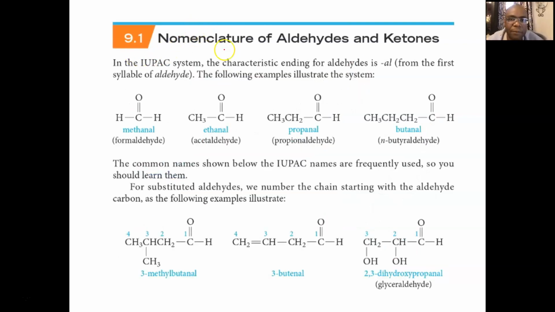So how do we name the aldehydes and ketones? For an aldehyde, the ending of the name will be -al. For example, here you only have one carbon, so one would have called it methane.